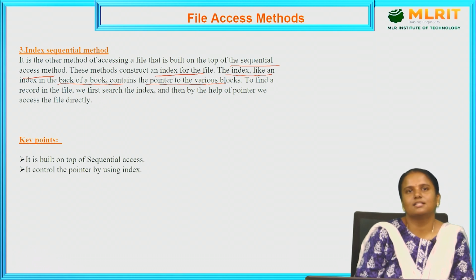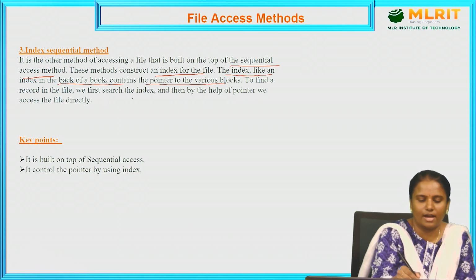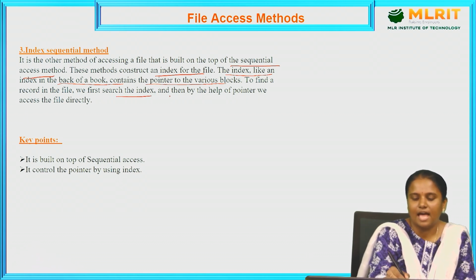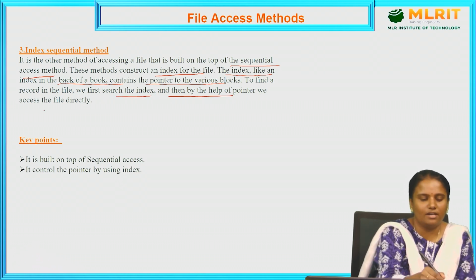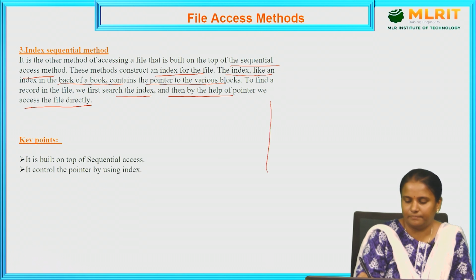To find a record in the file, we search the index and then with the help of the pointer we access the file directly. So how are we going to access the file directly? By using the index. Let us see one example.